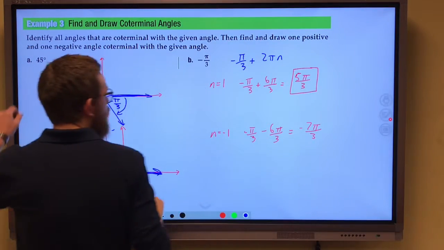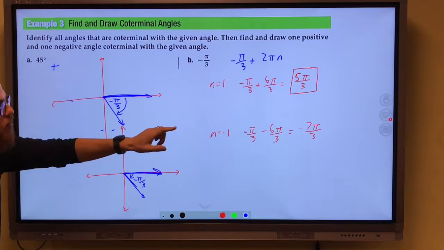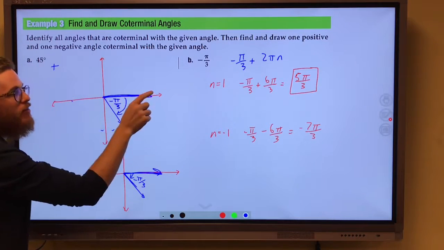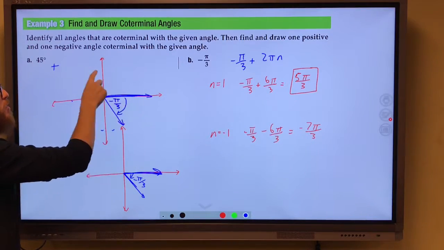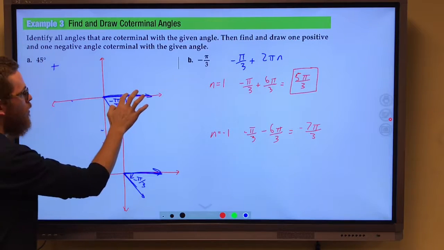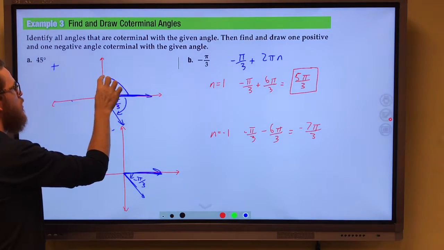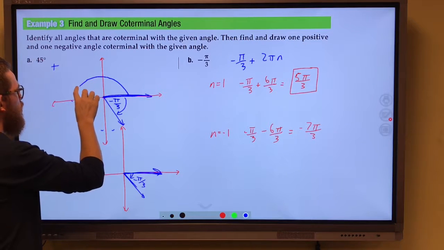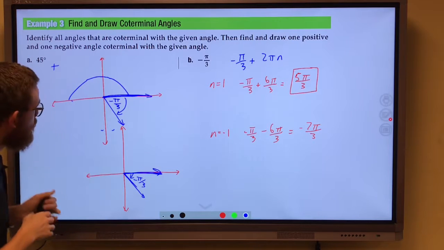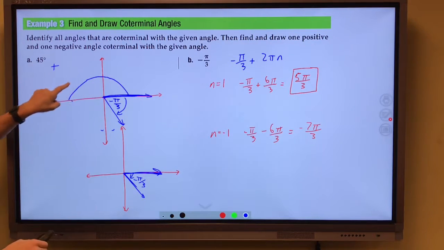And so think about this. When we're graphing our positive, I'm going to do that over here. 5 pi over 3, well, that's 5/3 of this circle. We have 1/3, 2/3, 3/3 of pi. 3/3 pi right there, because pi is 3/3.